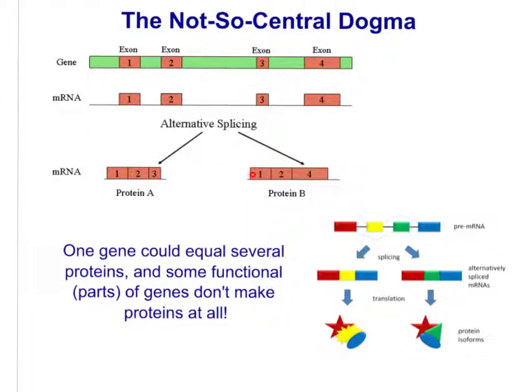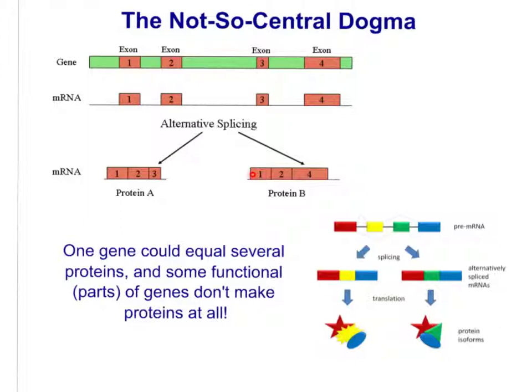Some functional parts of genes don't even make proteins. They make things like other pieces of RNA, other types of RNA. They don't make proteins at all. Sometimes really strange things can happen where you get reverse transcription, where RNA goes back and makes DNA. The HIV virus is an example of where this is caused.